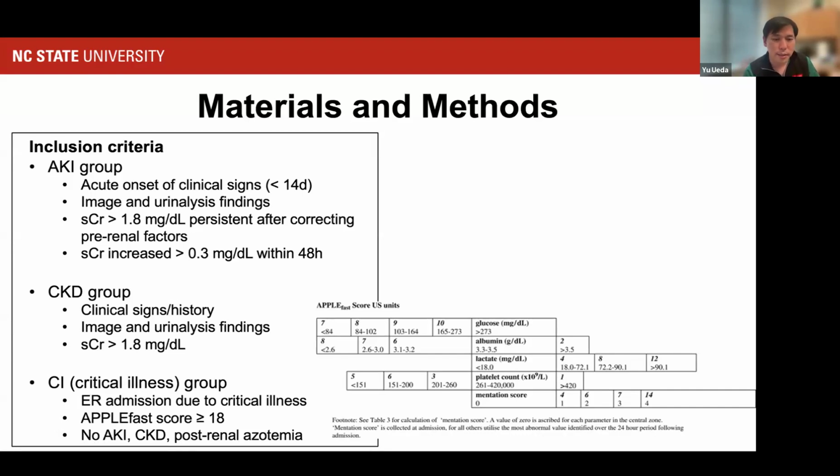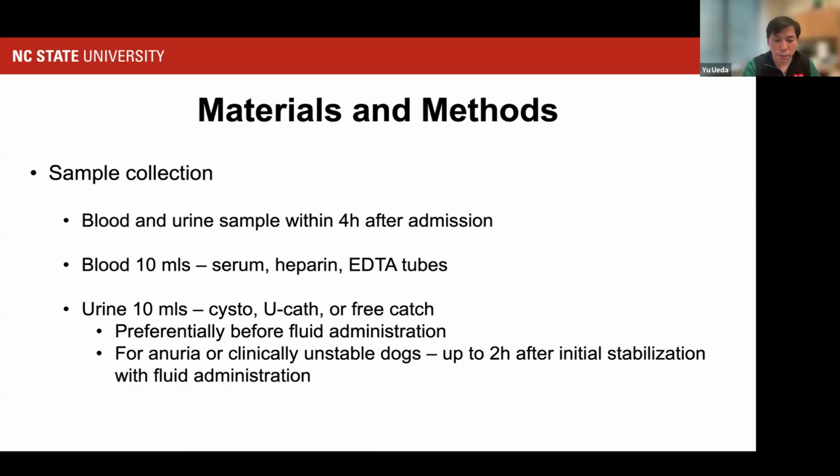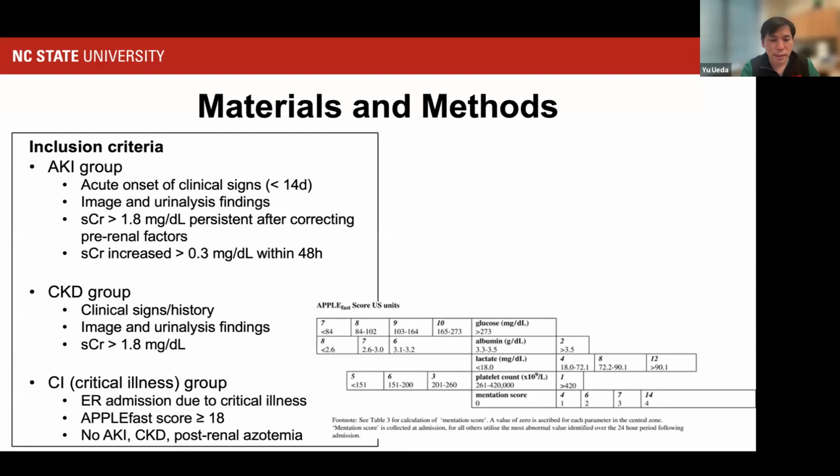Regarding the serum creatinine, they included dogs with a serum creatinine more than 1.8 milligram per deciliter, persistent after correcting pre-renal factors. So they gave fluids and tried to correct dehydration, and even despite these corrections with fluid, the serum creatinine concentration was still higher than 1.8.